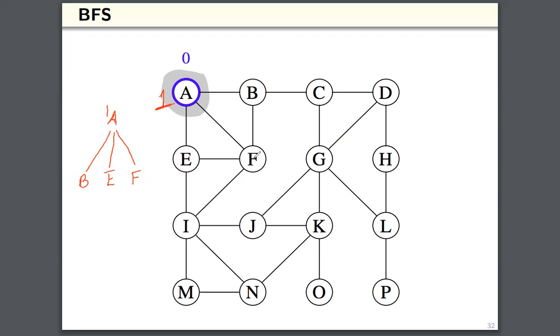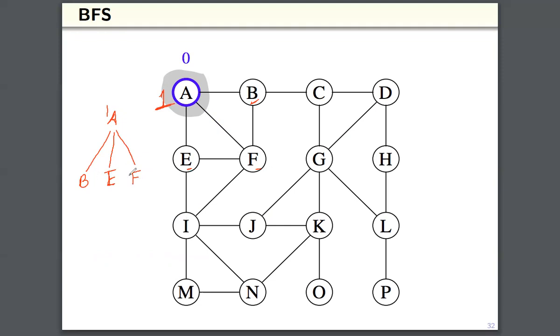B, E, F are the child nodes of A. We will strictly follow this alphabetical order. We will not visit F first. We will not visit E first. We will visit B first and then E and then F because they're alphabetically sorted.